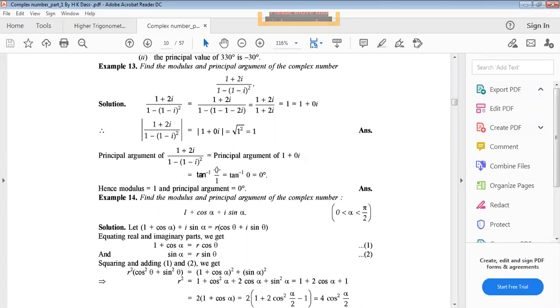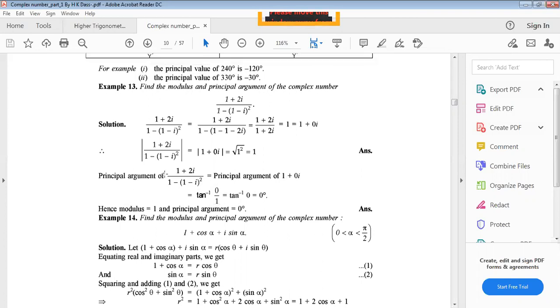Here the imaginary part y is 0 and the real part x is 1. So tan inverse of 0 by 1, that means tan inverse 0, which is 0 degrees. Hence the modulus equals 1 and the principal argument is 0.